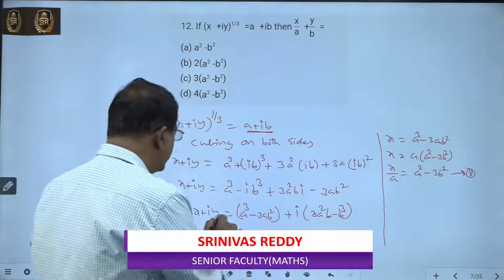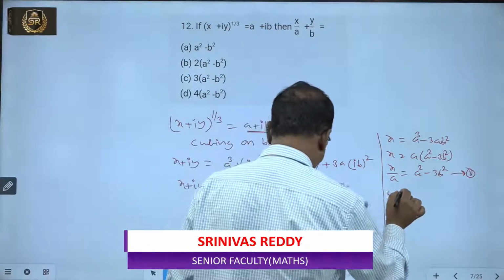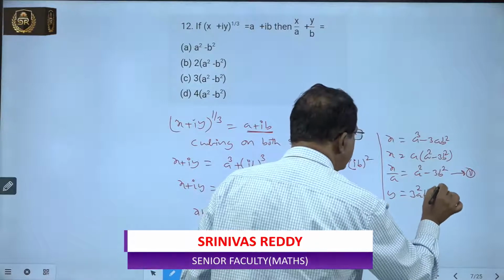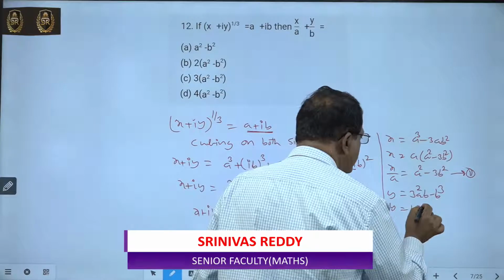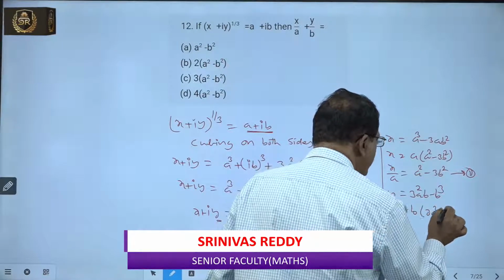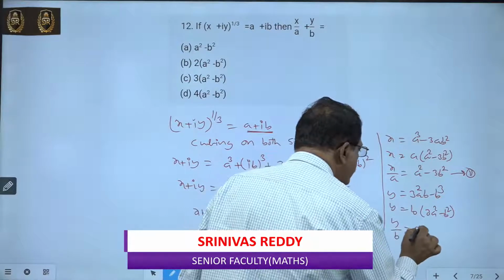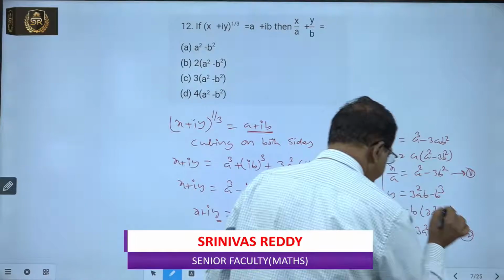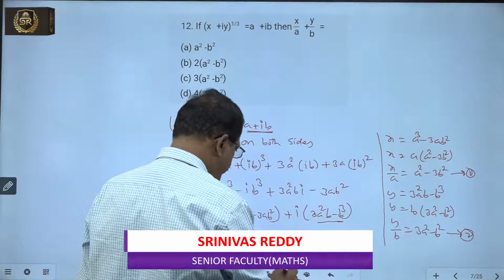Similarly, equate imaginary parts: y equals 3a square b minus b cube, so y equals b, taking common, b of (3a square minus b square). Y by b equals 3a square minus b square. This is second.